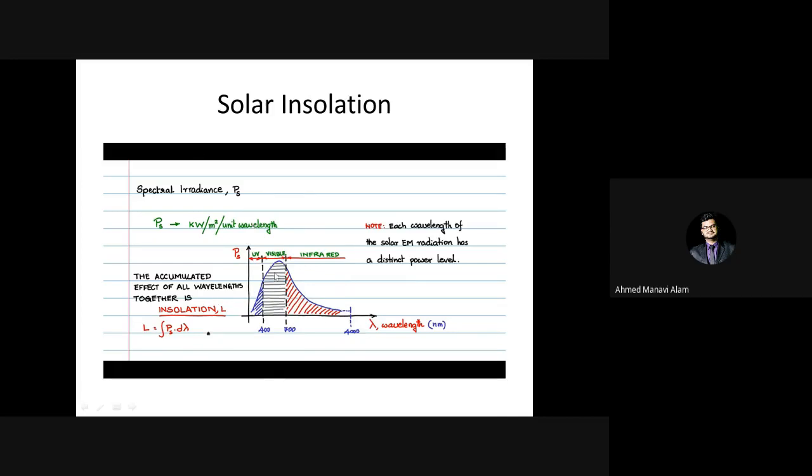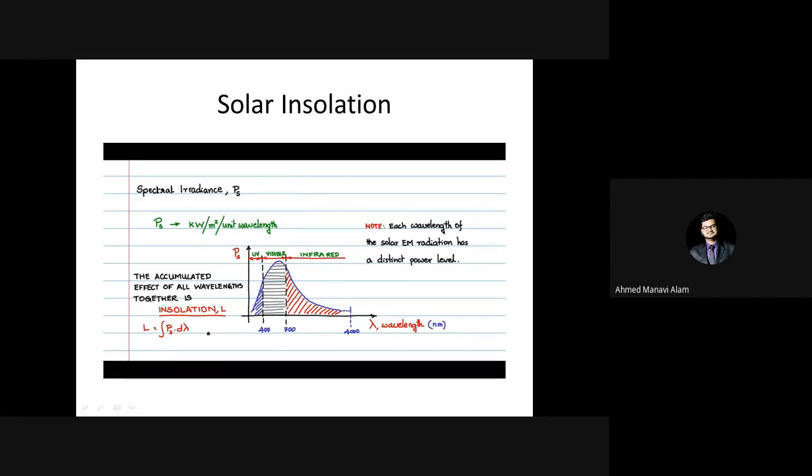Now how can you find it? খেয়াল করেন, the accumulated effect of all wavelengths together is the insolation.